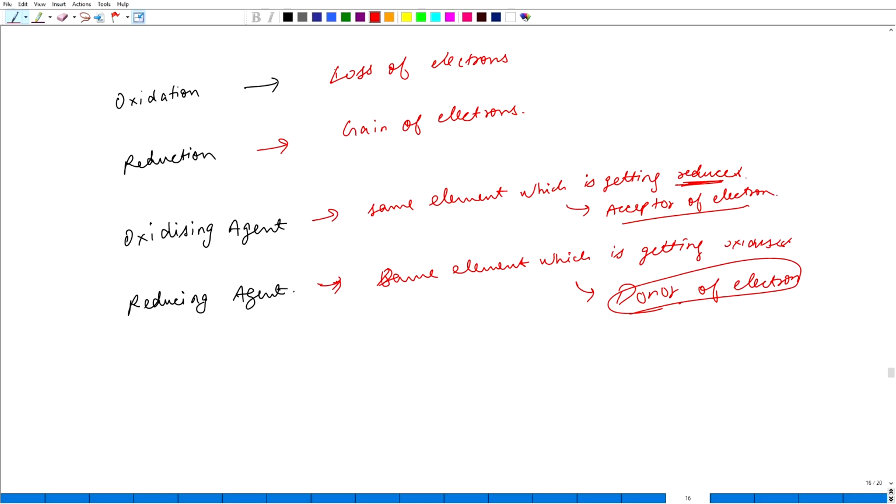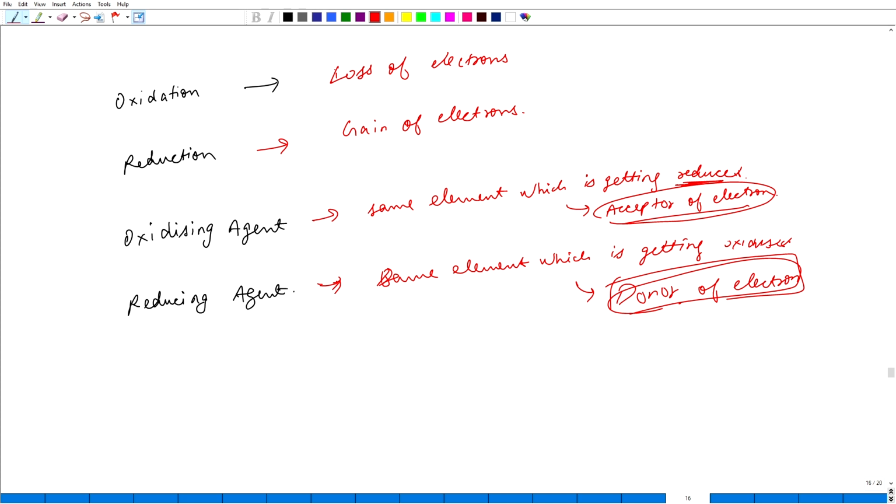And the element which accepts electrons is called the oxidizing agent, and the element which donates electrons is called the reducing agent. Simple. You have to keep this in mind, it can be a bit complex. Just remember the acceptor of electrons and the donor of electrons, and the element which gets oxidized is the reducing agent. It is totally opposite, just keep this in mind.